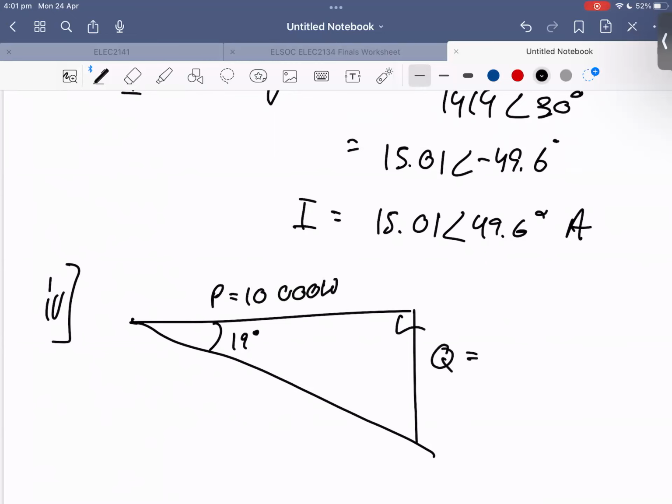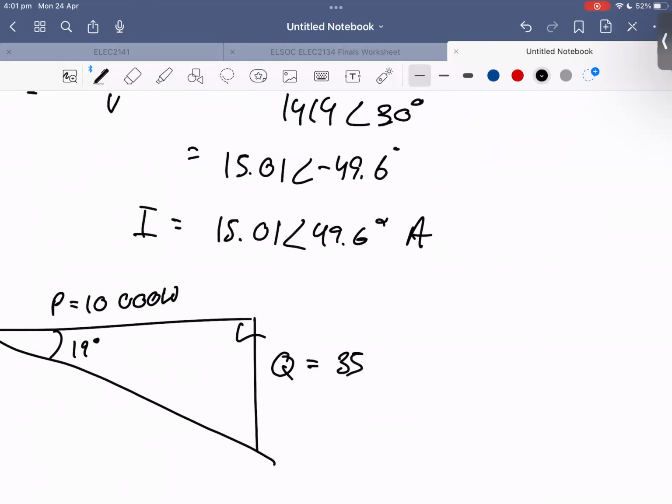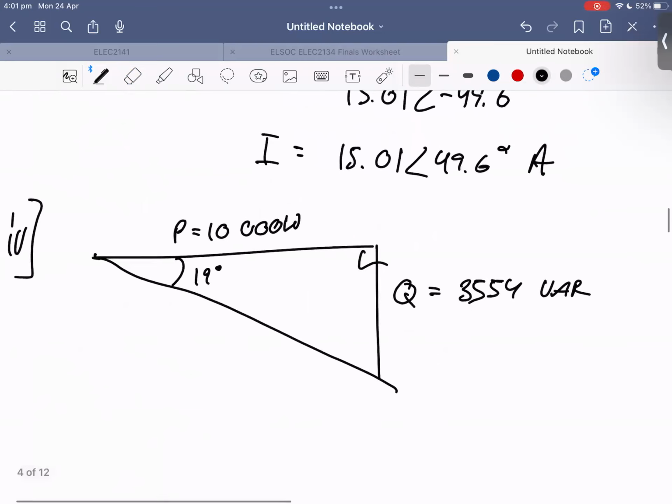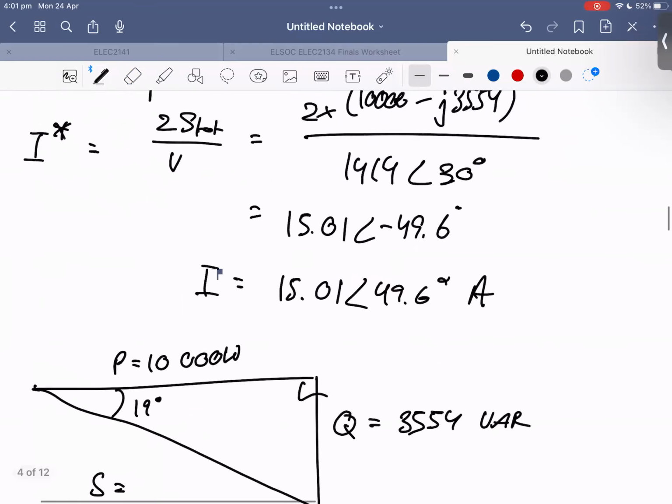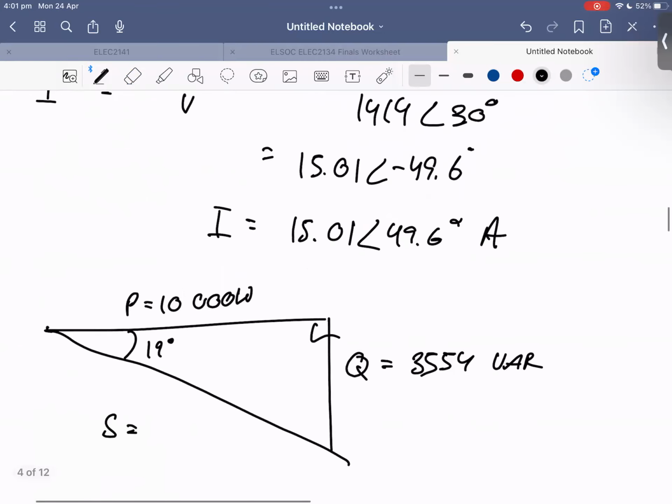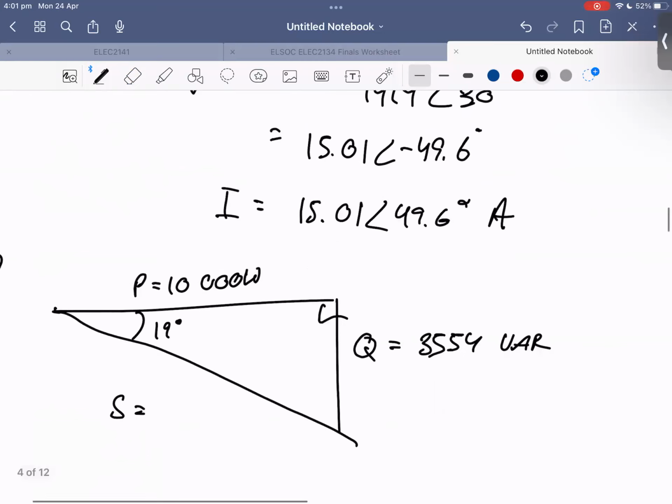The reactive power was 3,554, I think it was, volt amps reactive. And the complex power you can just get by doing the Pythagoras sum of these. So 10,000 squared plus 3,554 squared. So it gives you about that many volt amps. Yeah, and that's about it.